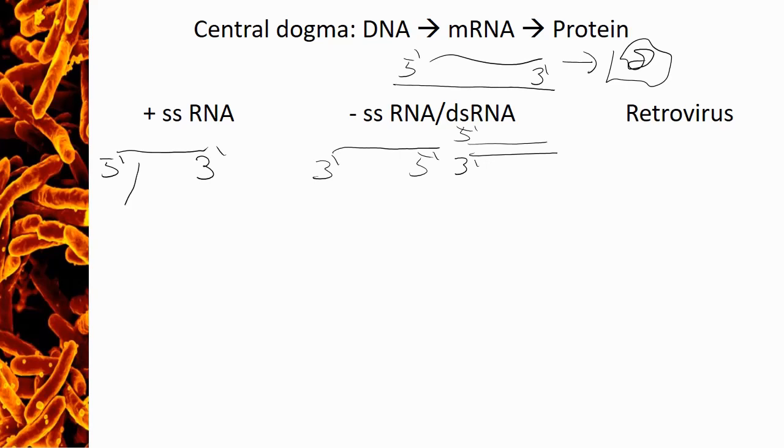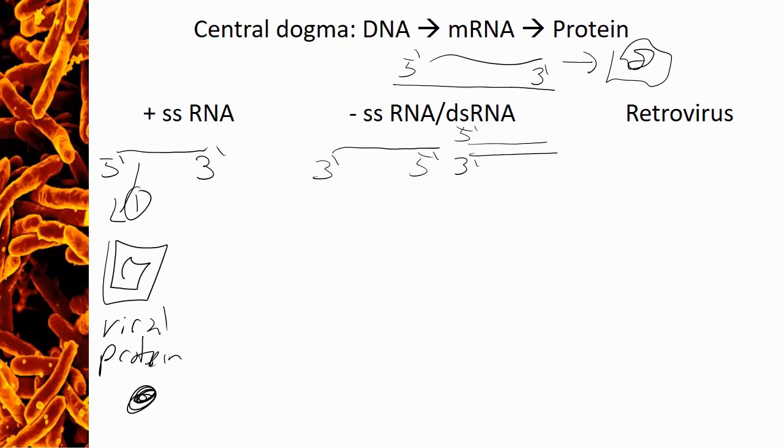This means that this genome immediately will actually be translated into viral proteins by the cell's ribosomes. One of those viral proteins is the RDRP enzyme that is then able to come back up and replicate to make lots of copies of the viral genome.